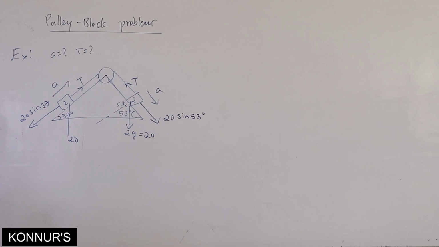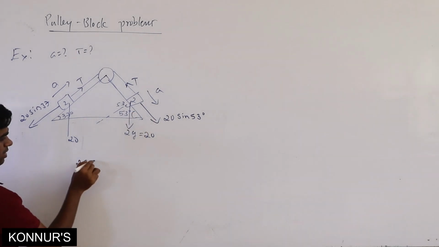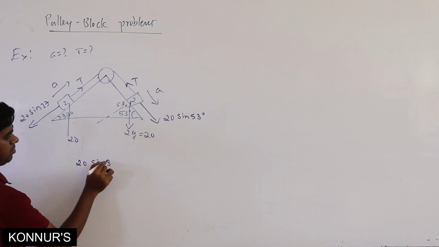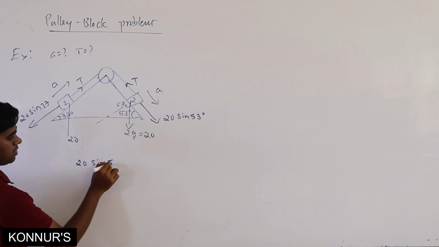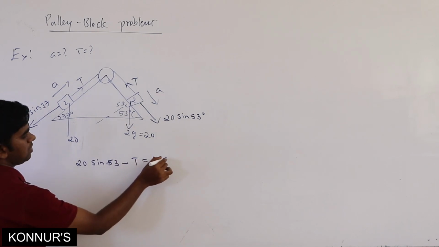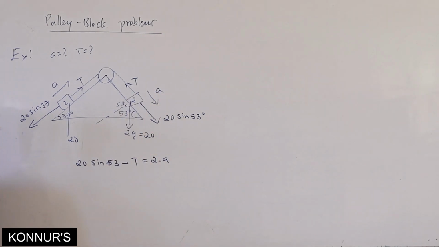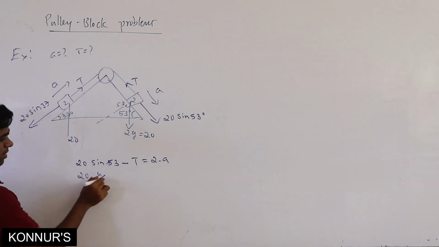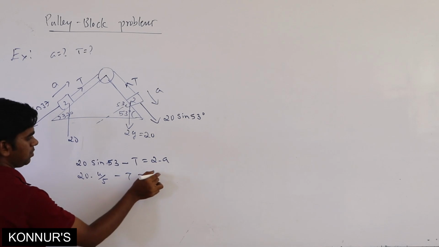Okay. So now what is the net force here? Here 20 sine 53 minus T equals 2 into a, mass into acceleration. So 20 into sine 53, which is 4 by 5, minus T equals 2a.